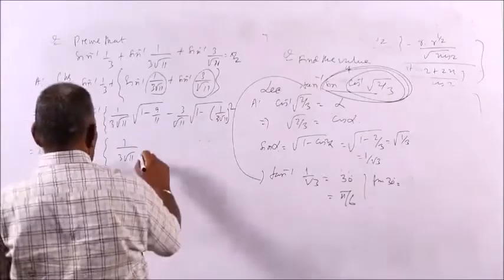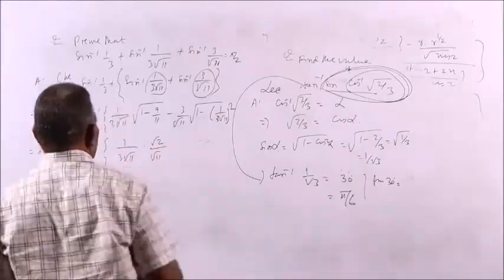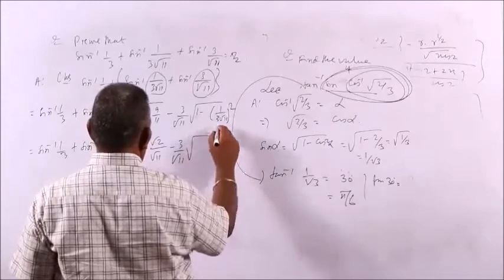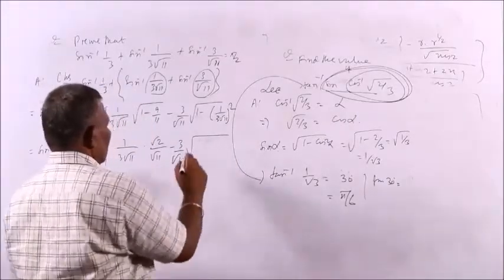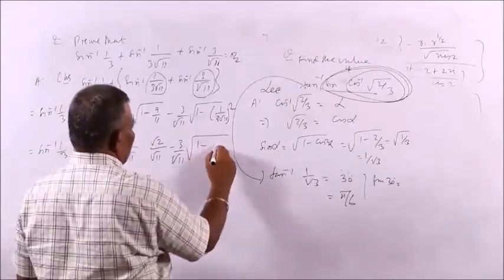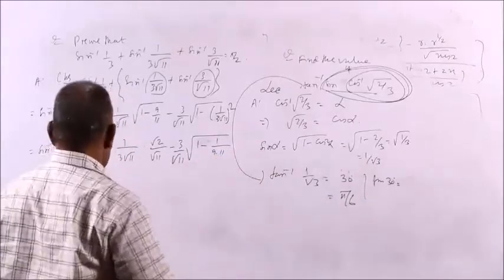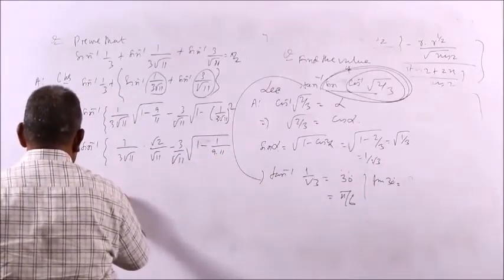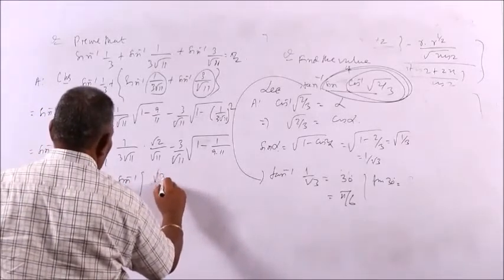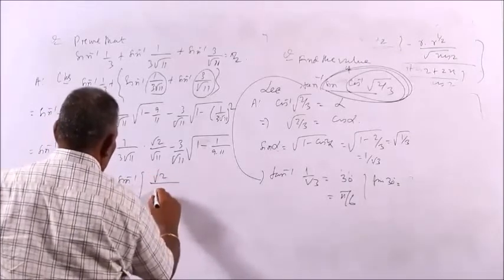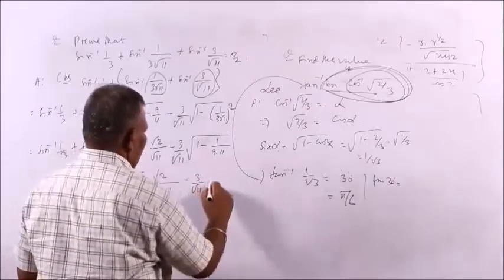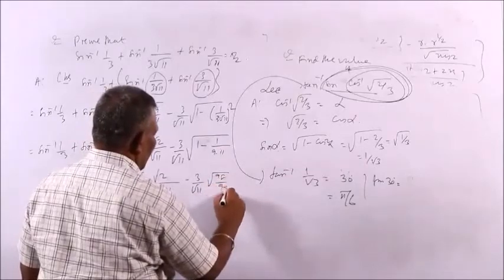After simplifying this, this will be root 2 by root 11 minus 3 by root 11 into root over of, whole square will be 1 minus 1 by 9 into 11, that is sin inverse 1 by 3 plus sin inverse root 2 by 3 into 11 minus 3 by root 11 into 98 by 99, like this.